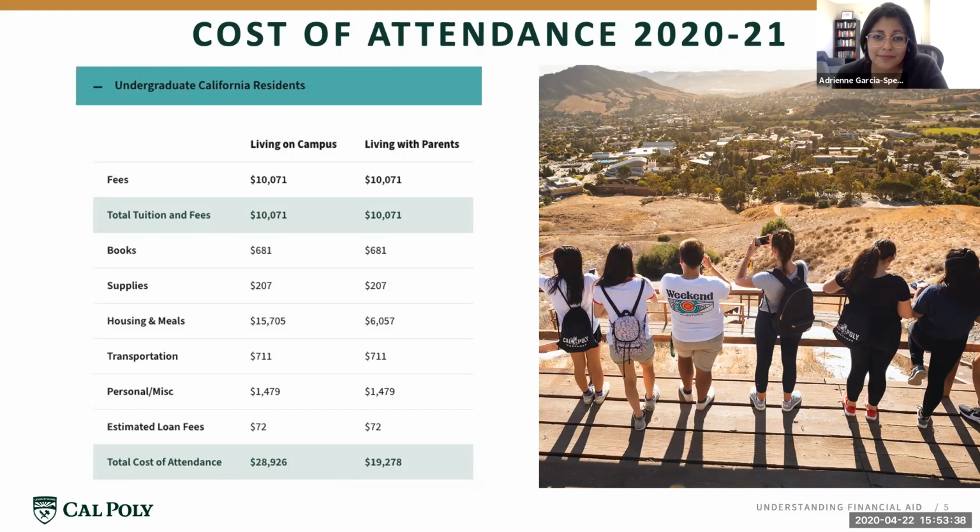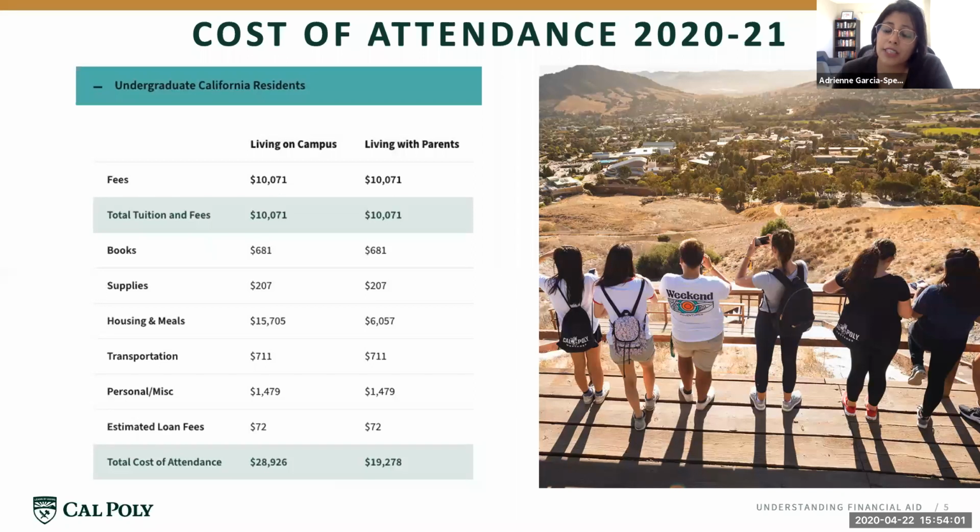We have a question, options to make the out-of-state tuition more affordable. I don't know if anyone else wants to address that. I would certainly encourage you to take a look at that current cost of attendance, see if that's something that your family can manage. There's going to be no changes to that for this year.